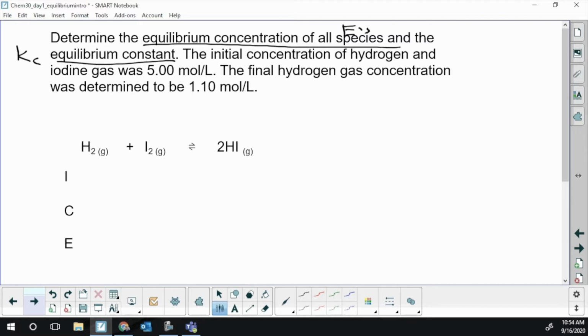Okay. And we're given an initial concentration of hydrogen and iodine, and we have a final value for hydrogen. And I'm using that reaction that we used for the case study that we're familiar with, and we know some things about this reaction.